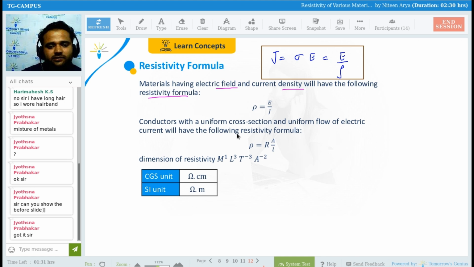We discussed this in great detail in the previous class.